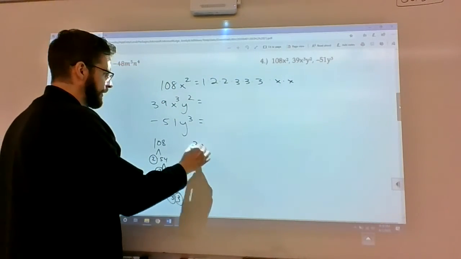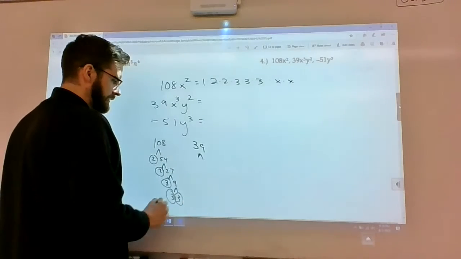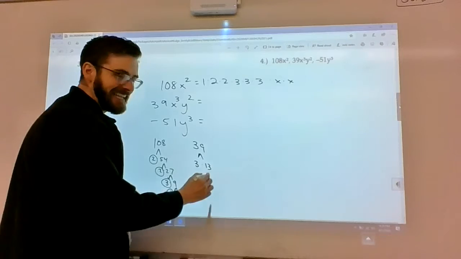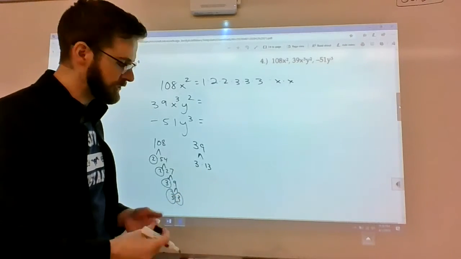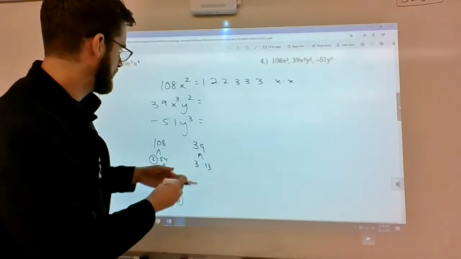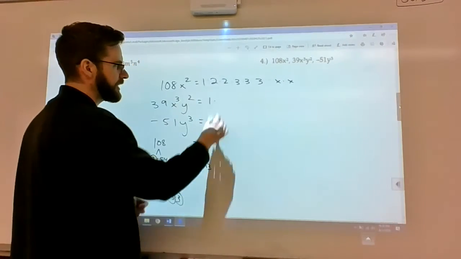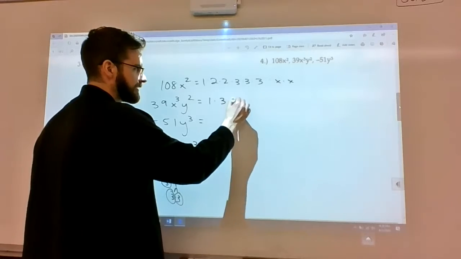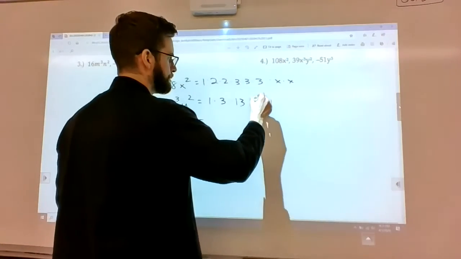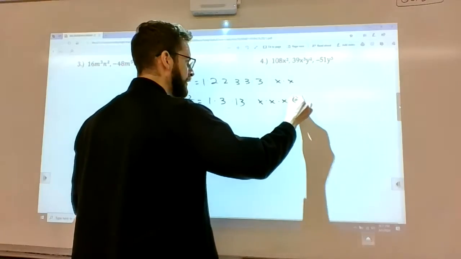39 is our next one that we have to break down. This one doesn't divide by 2, but it does divide by 3. 3 times 13 is 39. 13 is a prime number. So we're done with the prime factorization. It's 1 times 3 times 13. These are the only two prime factors. And don't forget the variables.